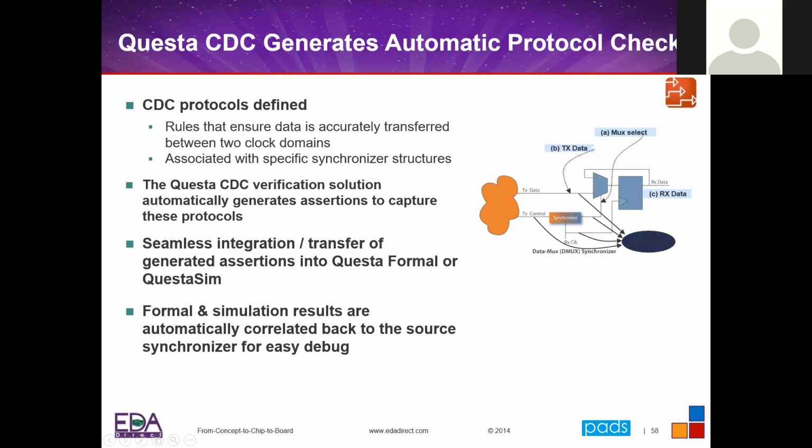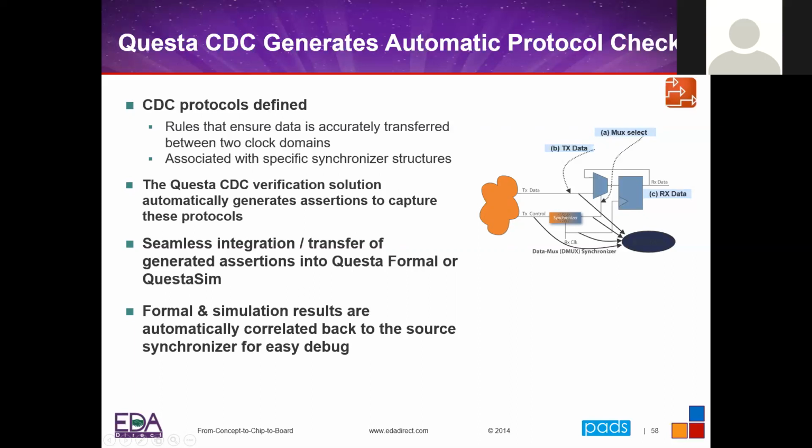That gets sampled, this control signal goes away, and then we start capturing the current data again. So the protocol here is, you better put this data here, and this data better not change while this signal right here is active.